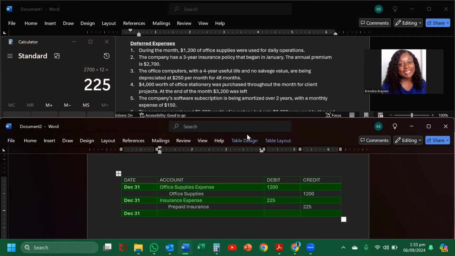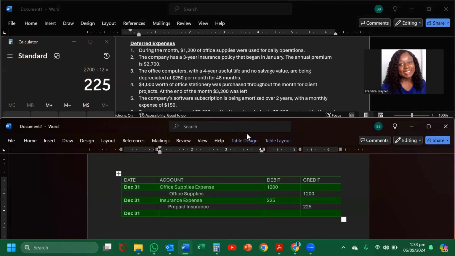Well, again, depreciation arises when we purchase some bulk items that are useful for more than a year. And so instead of expensing the entire cost of those items, we divide the cost of the items by how long we think it's going to be useful.